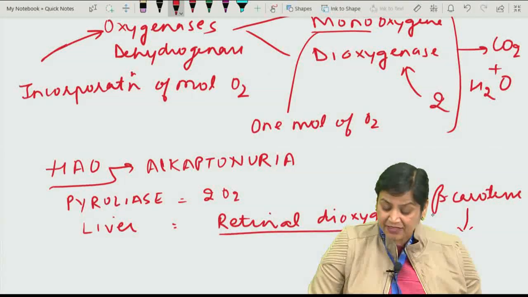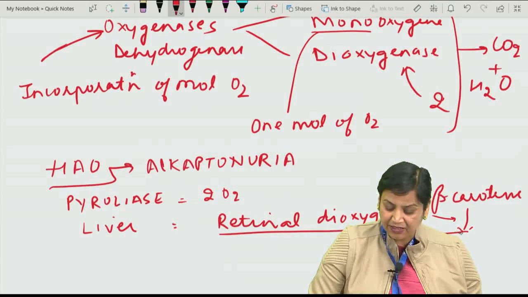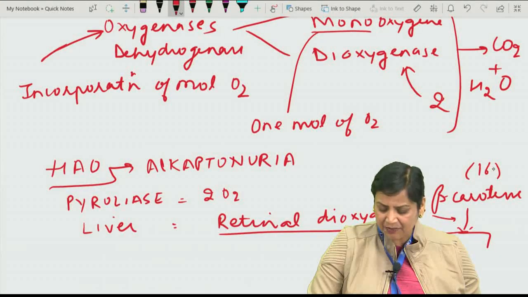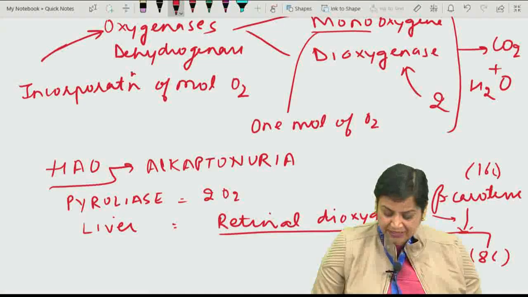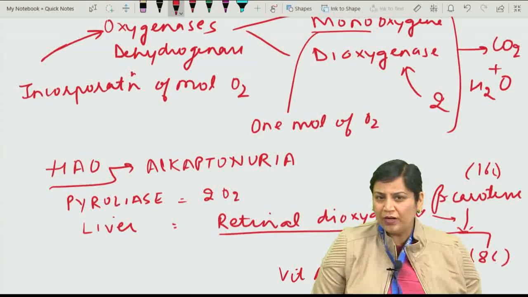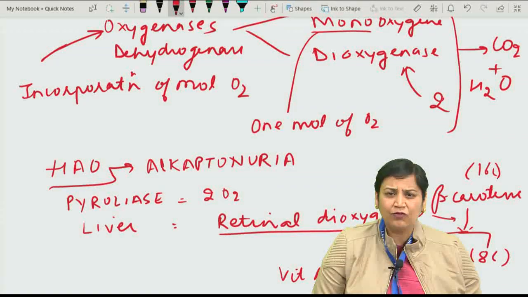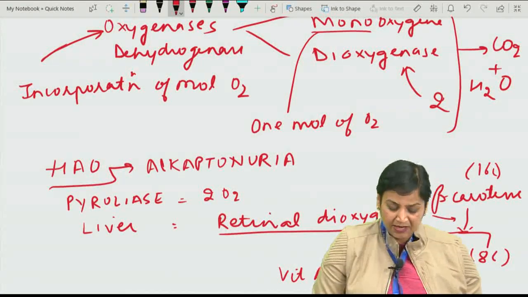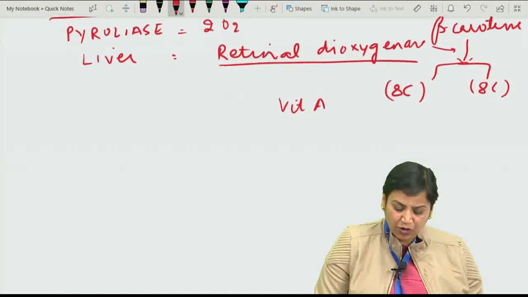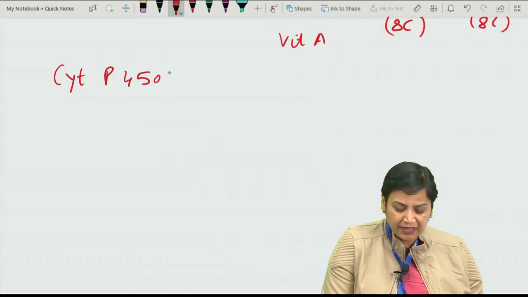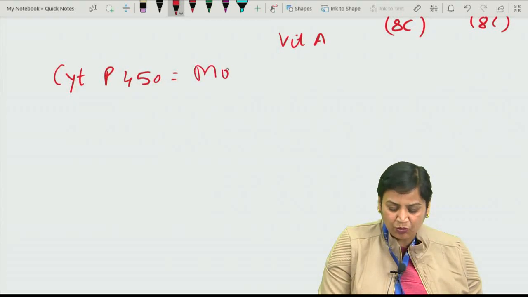Beta carotene, which has 16 carbon atoms, is converted by this dioxygenase into two halves. This is a very good example. In the presence of this enzyme, vitamin A, retinol and retinoic acid, which are three interconvertible forms, are produced. So, out of these four options, cytochrome P450 is the ideal example of a monooxygenase.